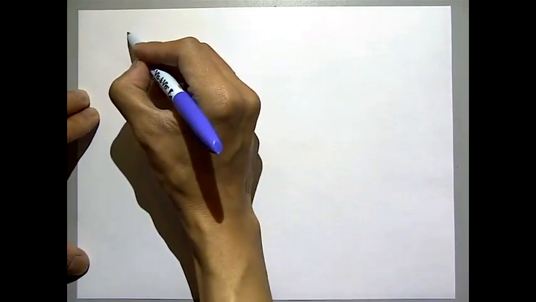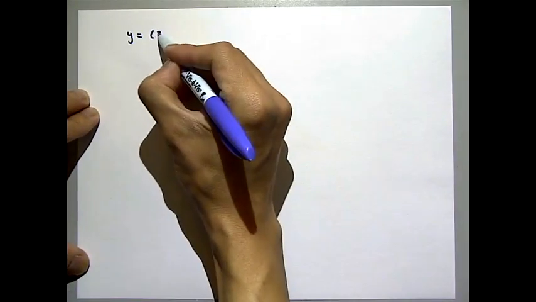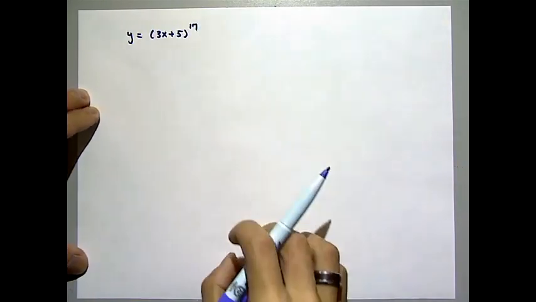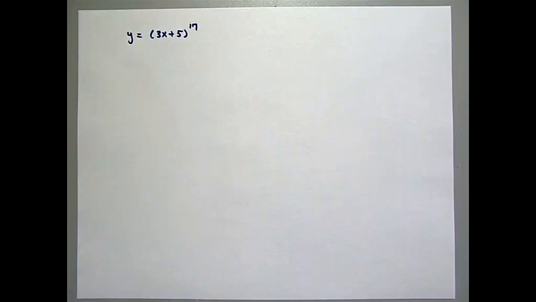The idea behind the chain rule, let me rewrite the function we're looking at. The idea behind the chain rule is to look at this function as a composite function.